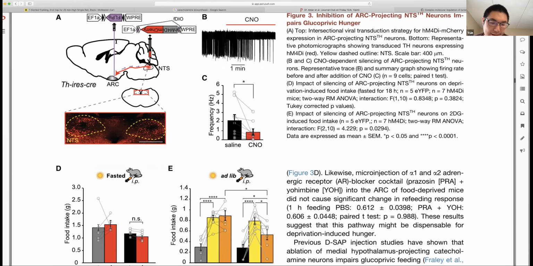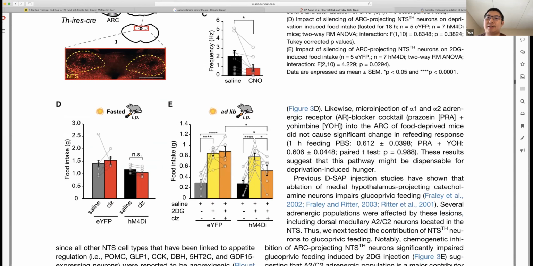In D, they're testing if this inhibition of these NTS neurons changes anything for the fasted or hunger driving feeding behavior. And they find there's no significant differences. We can see in the black and the red bars, there's no significant differences, meaning that the food deprivation driven feeding behavior is actually not changed. Therefore, they tested that it is specific to glucoprivic feeding.